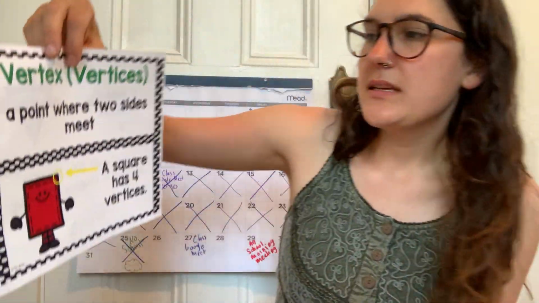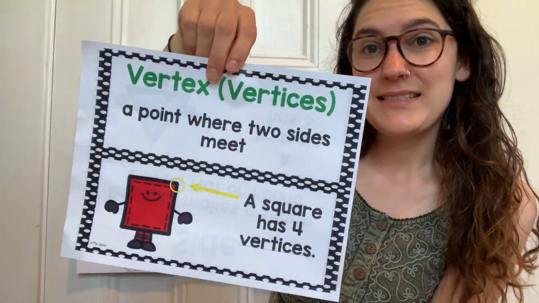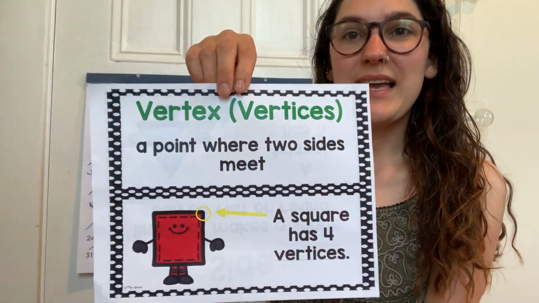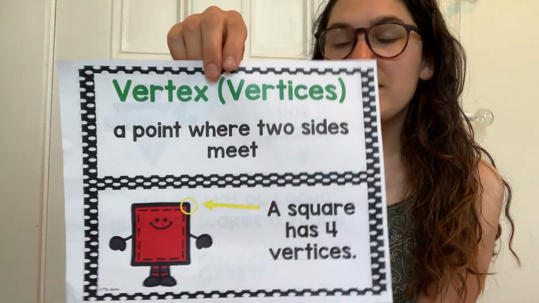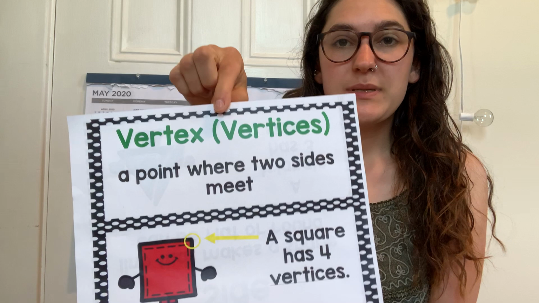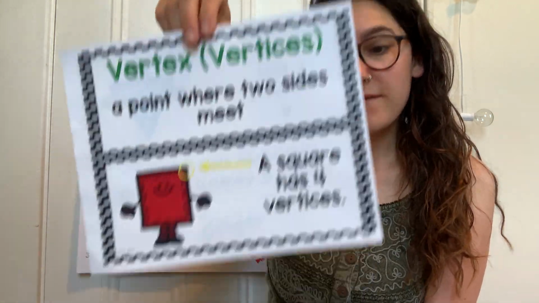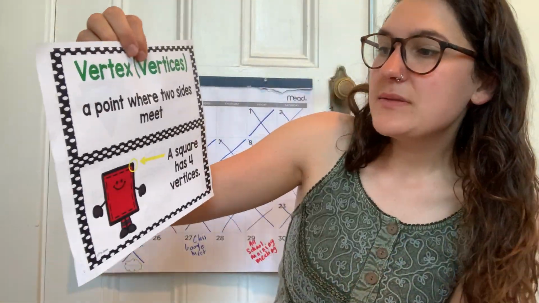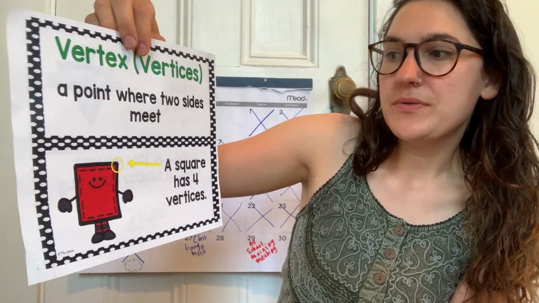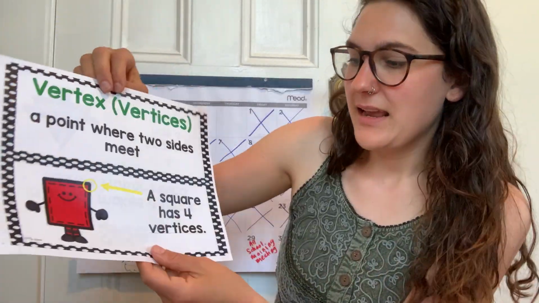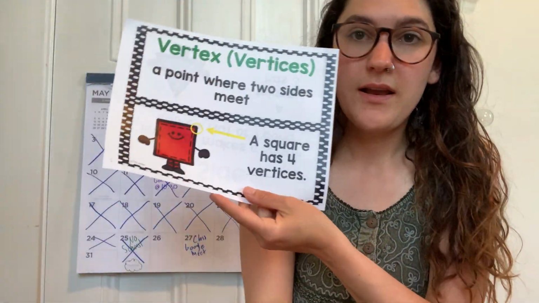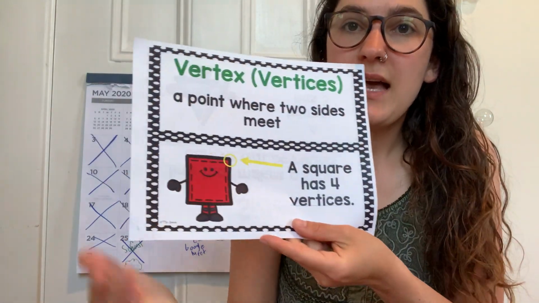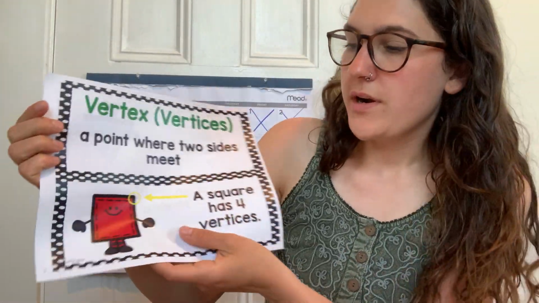And now this one is kind of a repeat. It's for the flat shapes, the 2D shapes, a vertex again. This is a point where two sides meet again. And so a square, remember, different than our cube, has 4 vertices.